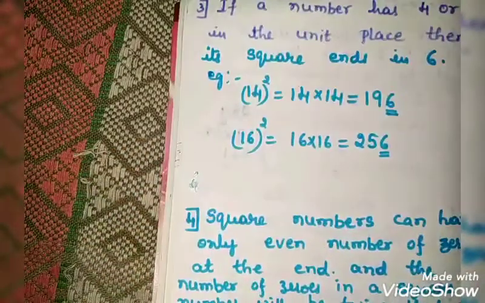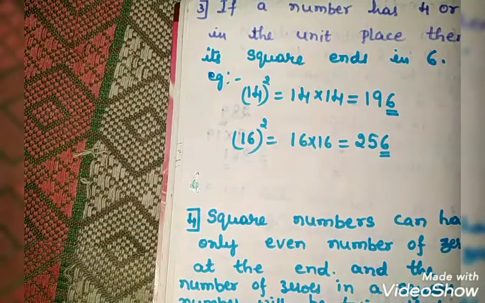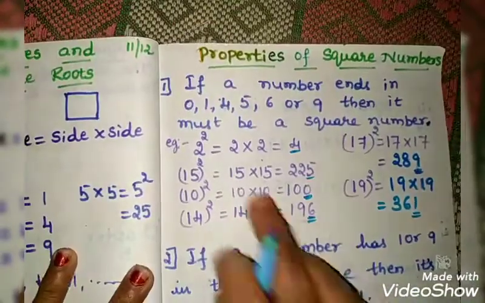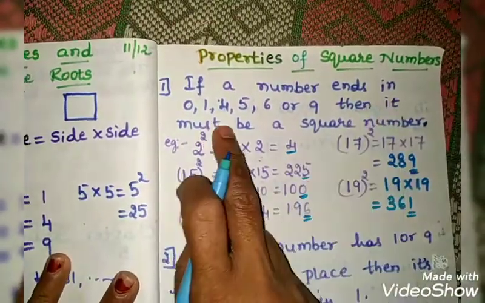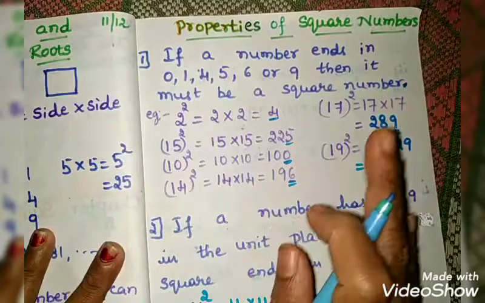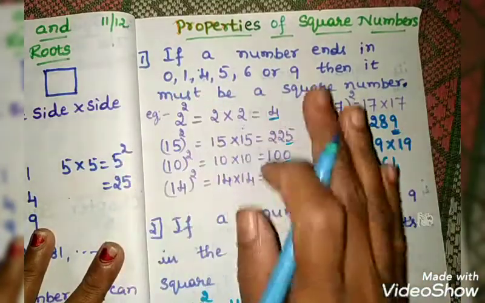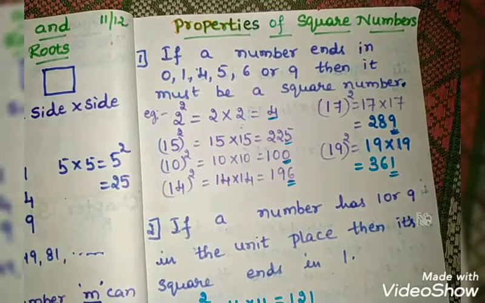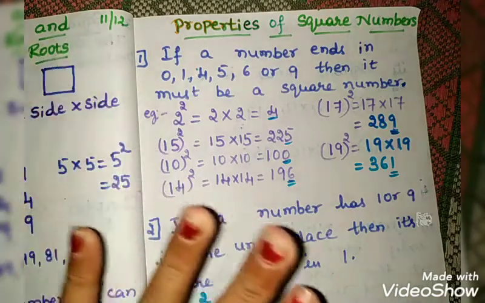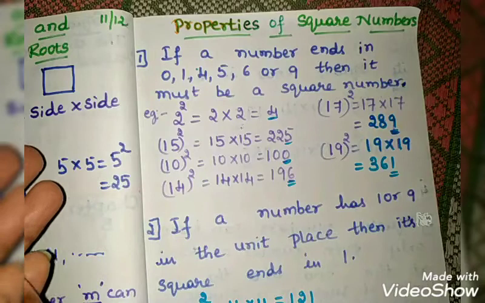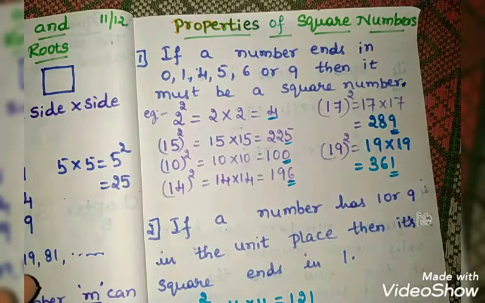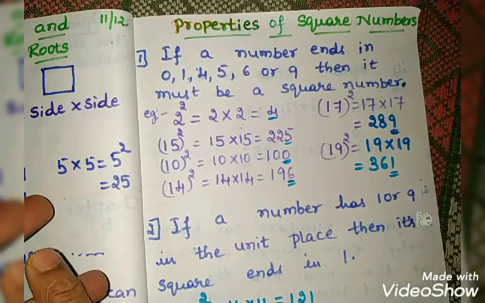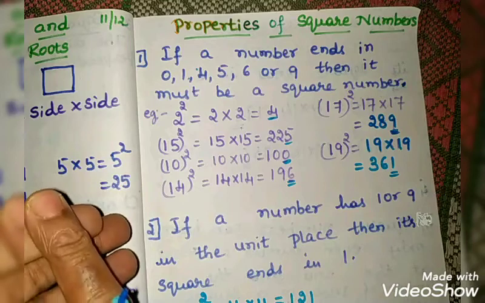So let me summarize all the properties once again for you. Here see, children. If a number ends in 0, 1, 4, 5, 6 or 9, which is left out there, children, tell me? 2 not there, 3 not there, 7 not there and 8 not there. These 4 numbers, 2, 3, 7 and 8.